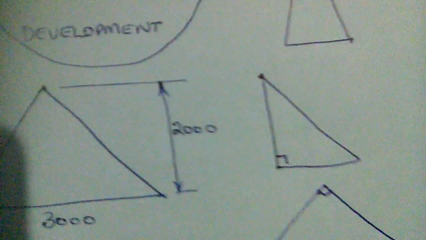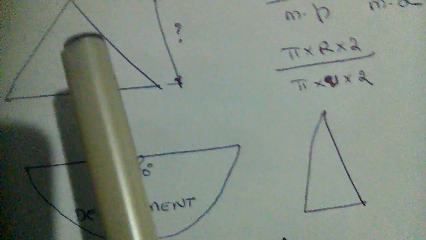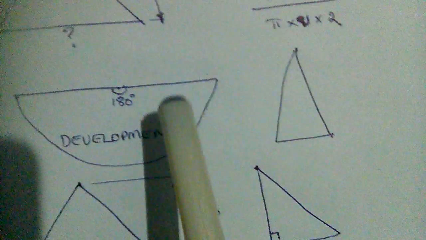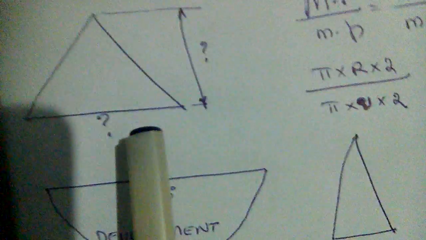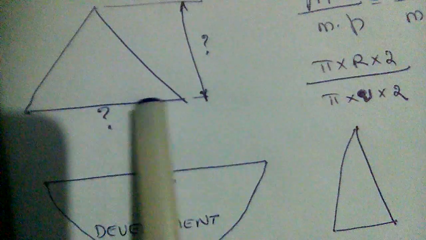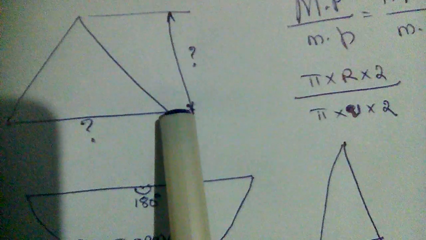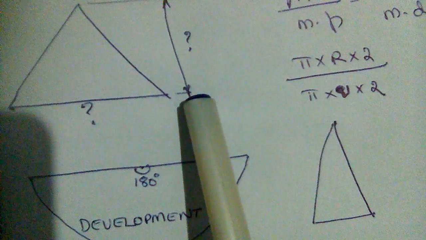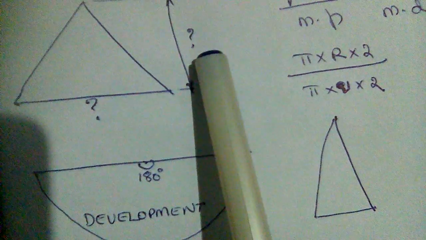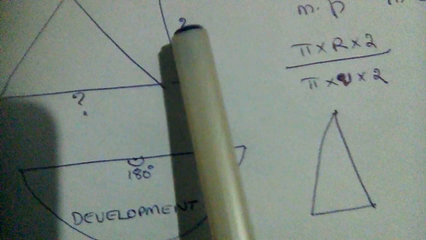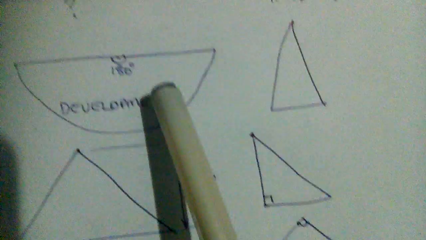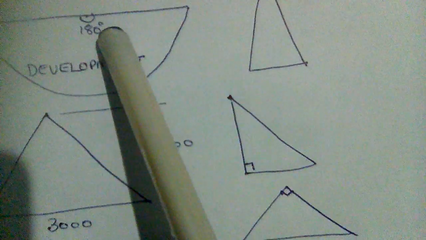I think you have got the answer. We have to know one cone that is having a certain diameter and certain vertical height. That cone, if we develop, its development will be 180 degree. What will it be?